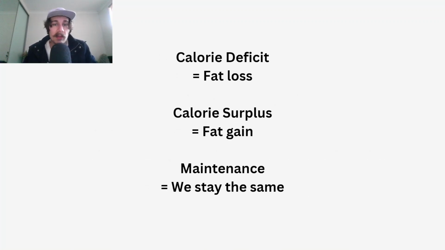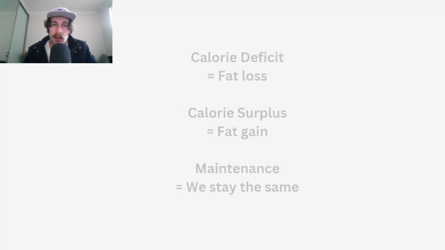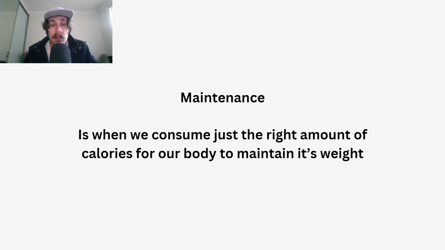So you've got a calorie deficit, which is responsible for fat loss. You have a calorie surplus, which is responsible for fat gain. And then you have maintenance, which means we stay the same. Maintenance is when we consume just the right amount of calories for our body to maintain its weight.